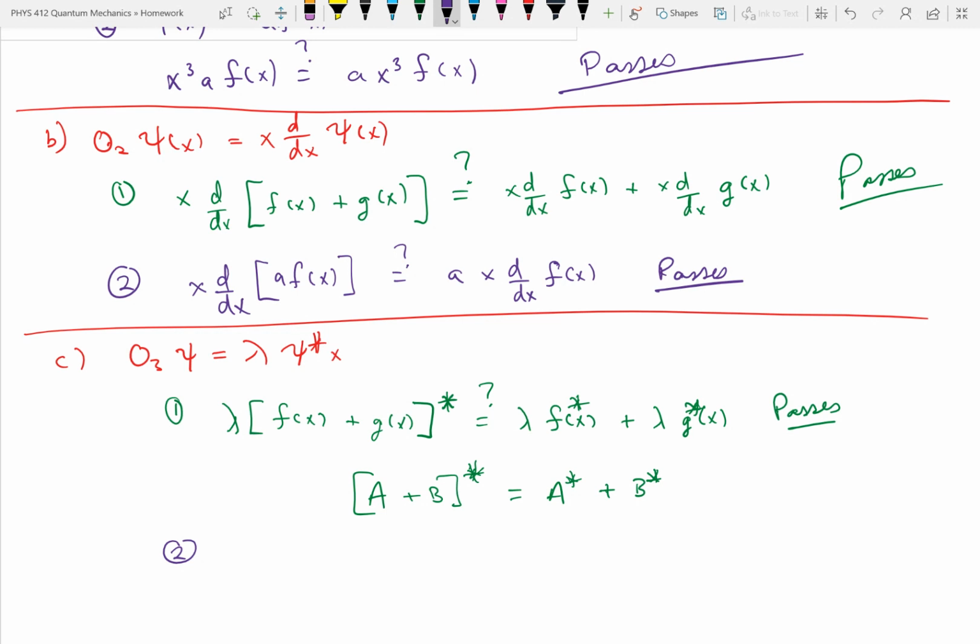For number 2, we have lambda times a psi of x equal to a.